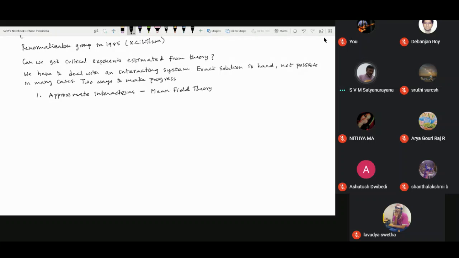But you're not treating the same interaction, you're getting only an approximate result. Then you can try to go beyond mean field theory and add corrections perturbatively.